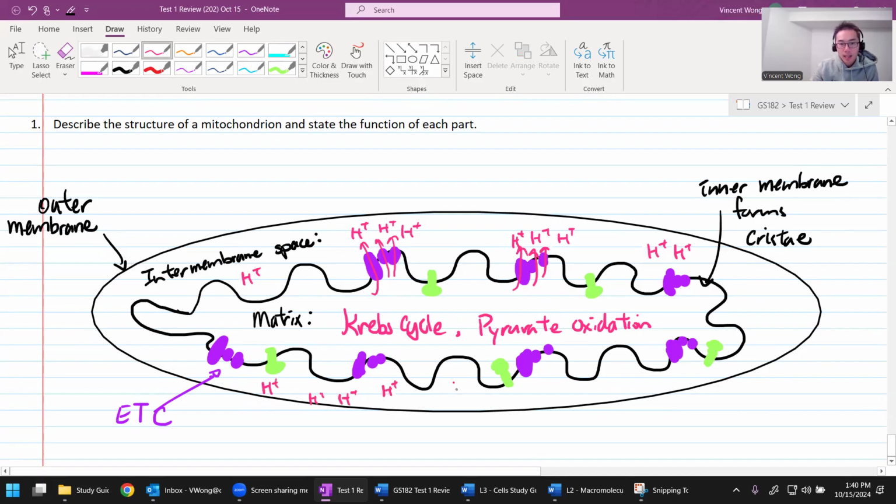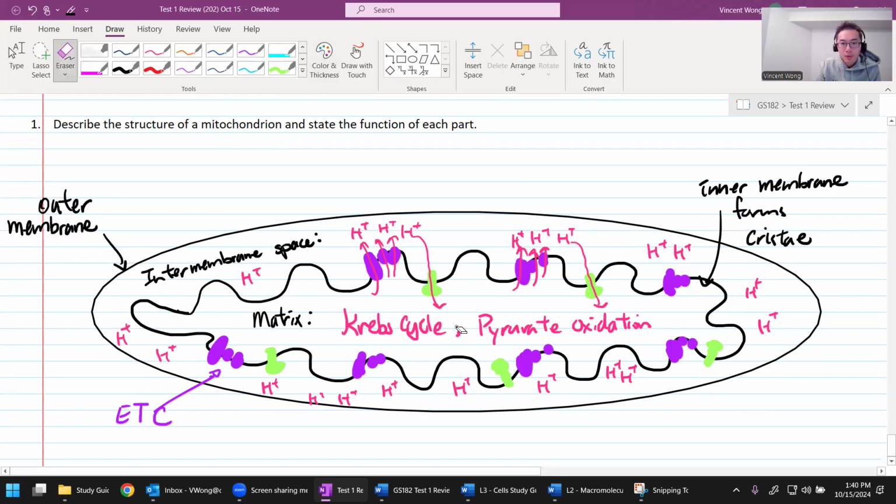And all these H plus want to go back into the matrix because things naturally want to go from high concentration to low concentration. But they cannot do that on their own because the inner membrane is blocking them. So the only way to do so is to come back through the turbine, right? These are the green little knobs.